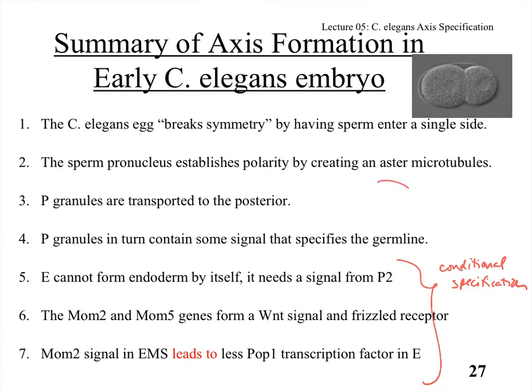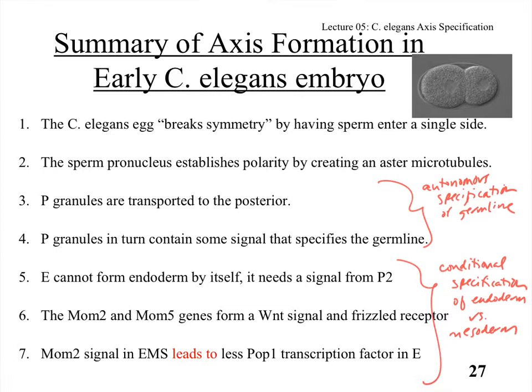And as it turns out, the P granules actually have to do with autonomous specification of the germline. And then this is conditional specification of endoderm versus mesoderm.